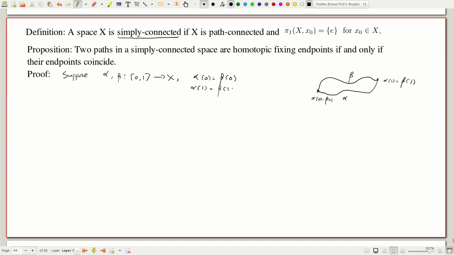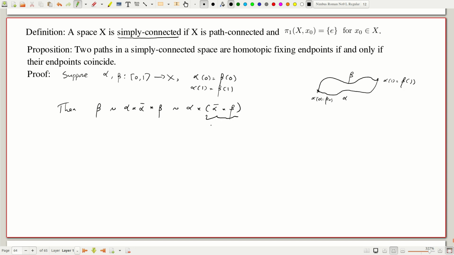I'm going to use the fact that the fundamental group is the same for all base points. Then say beta is homotopic to alpha star alpha bar star beta, because this is homotopic to E. Okay, but that is homotopic to alpha star alpha bar star beta.